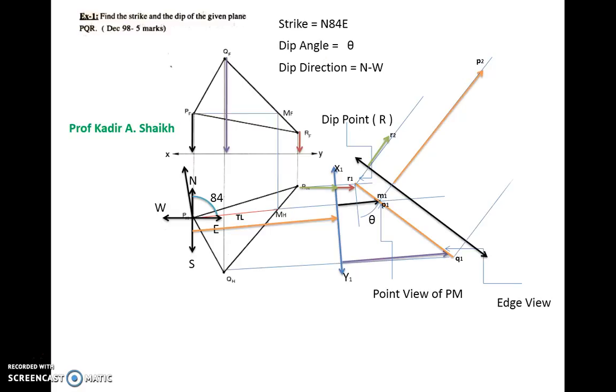We will get P2. Similarly, take the projector of Q1, measure the distance of QH from X1 Y1 and cut it from X2 Y2. We will get Q2. Joining P2 Q2, Q2 R2, R2 P2, we will get the true shape of the triangle PQR.